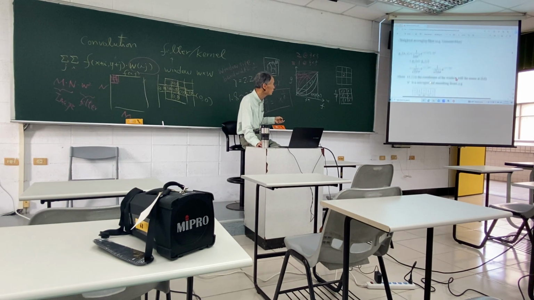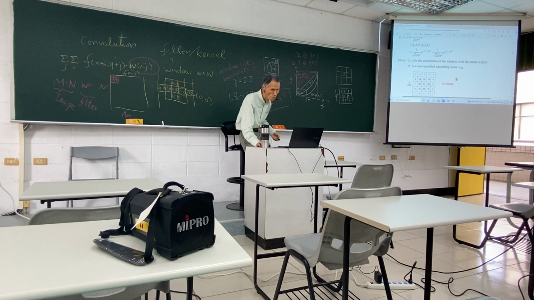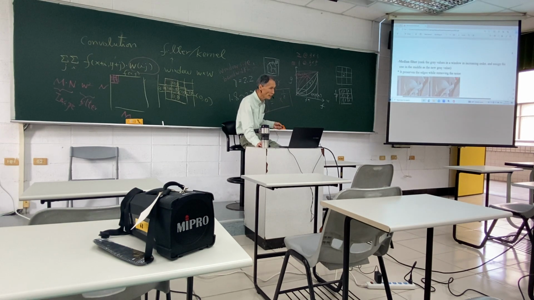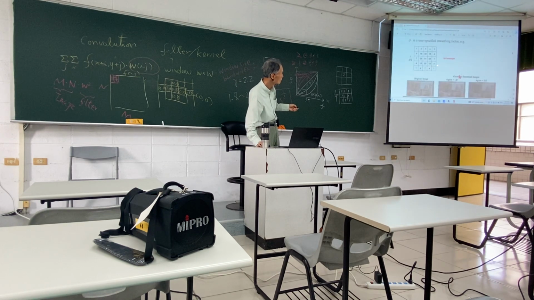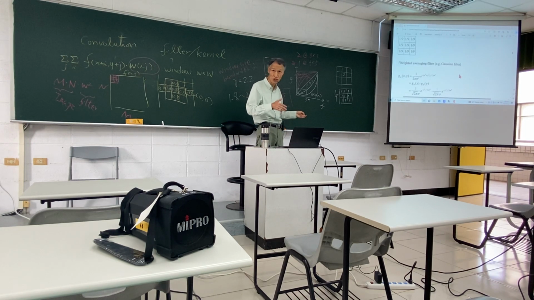The weight means that each element will have a different weight, whereas a true average means each element has exactly the same number. No matter whether it's a weighted average or an averaging filter, the transformation is linear.